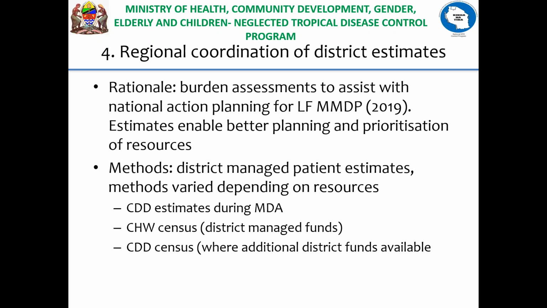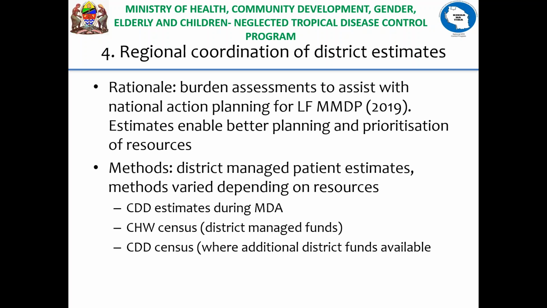These are managed patient estimates from varied sources: CDD estimates during MDA, and also community health workers during their census prior to MDA, using their own funds, or wherever possible, whenever these community drug distributors have this information, maybe just because they live near them.